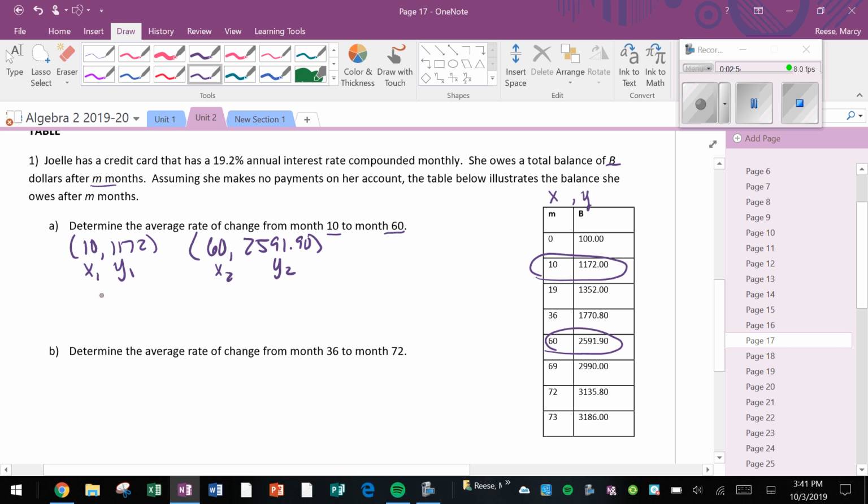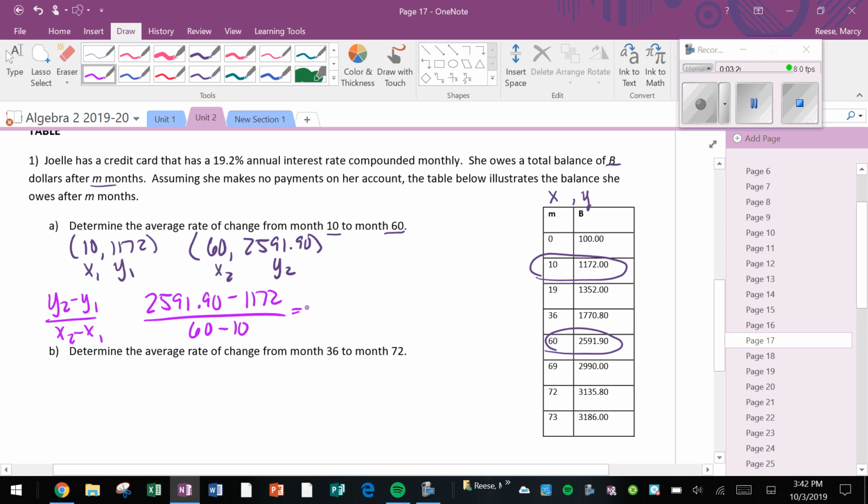And then we're going to plug it into the formula: Y2 minus Y1 over X2 minus X1. So I'm going to do 2591.90 minus 1172, over 60 minus 10.